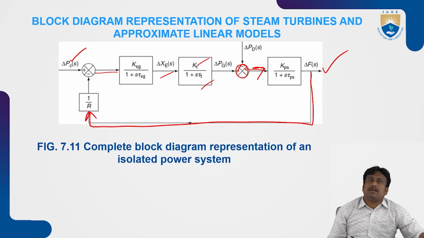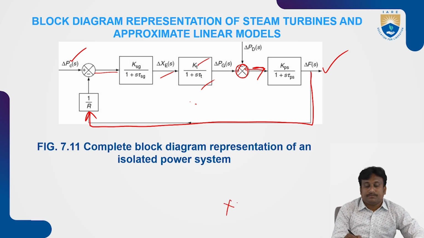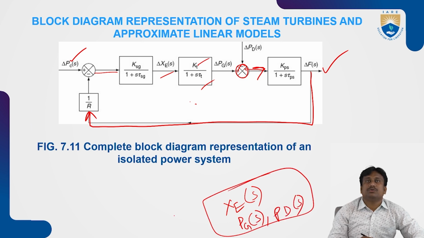So this complete block representing the isolated power system means whatever variables or parameters we connected here are going to take the complete positions of the system. So this makes the entire operation of the system. With respect to these parameters, XE of S, PG of S and PD of S coefficients, the whole network is going to change.